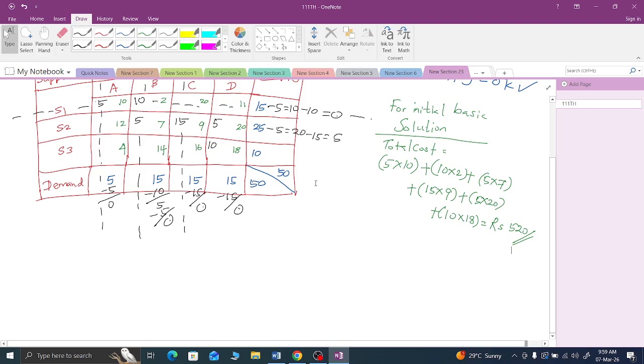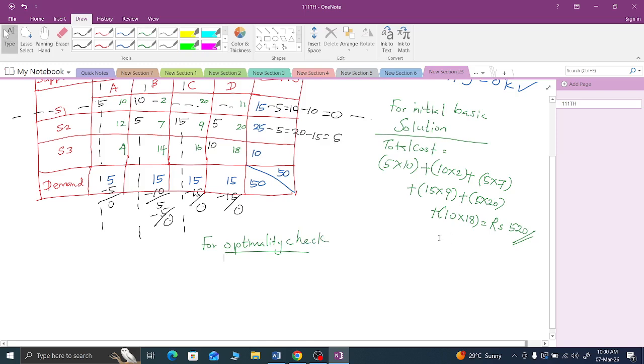So for finding the optimality check, there are some ways to do that.